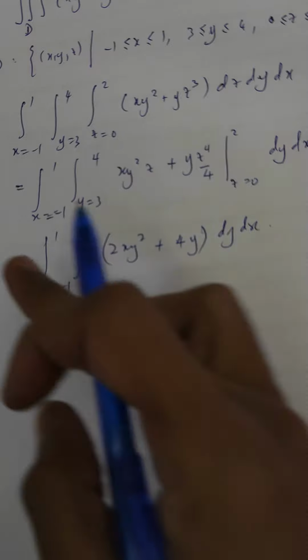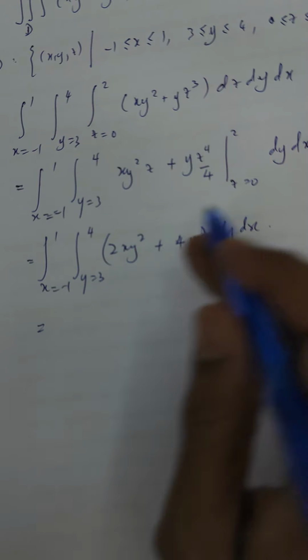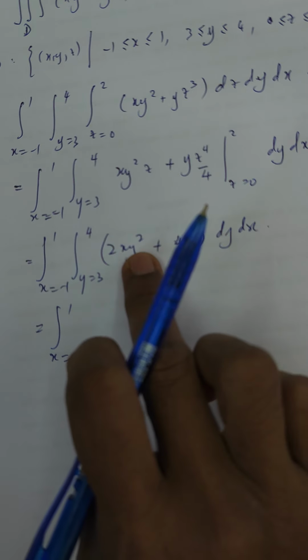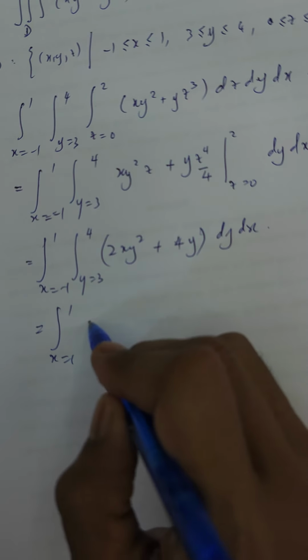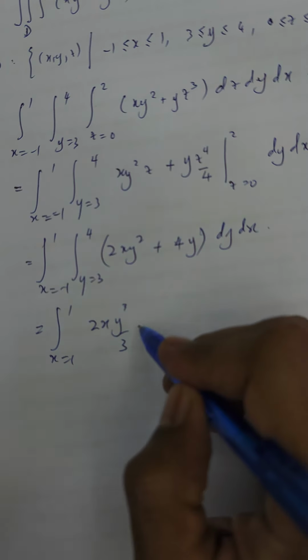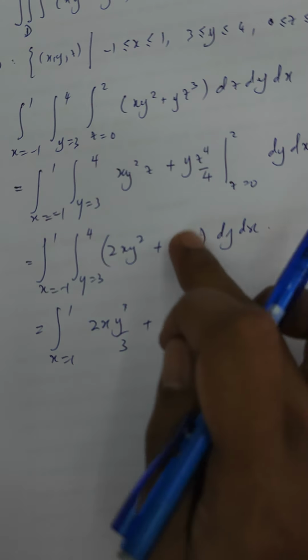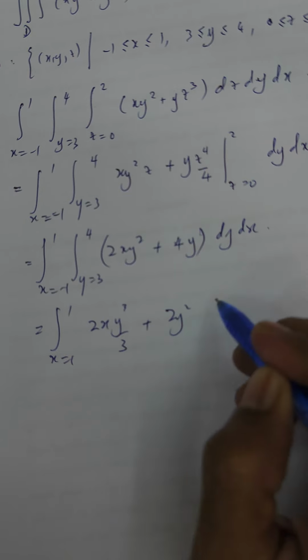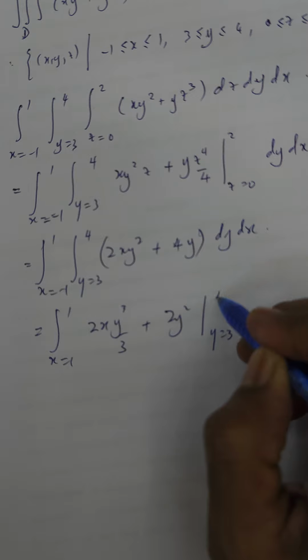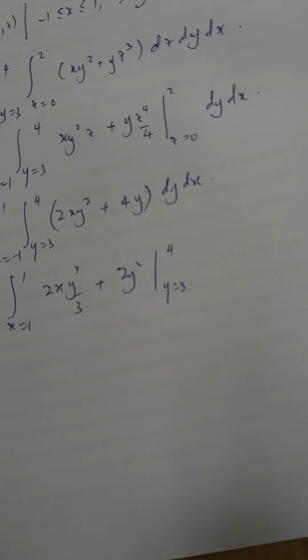And then evaluate again. For the inner integral, with x from -1 to 1, integrate with respect to y, so we have 2x y cubed over 3 plus 4y squared over 2, so we have 2y squared, where y goes from 3 to 4, right? So dx.